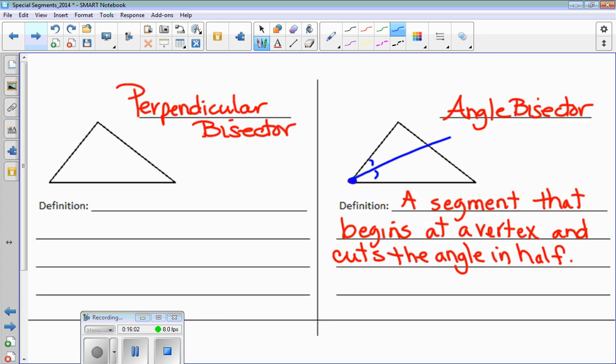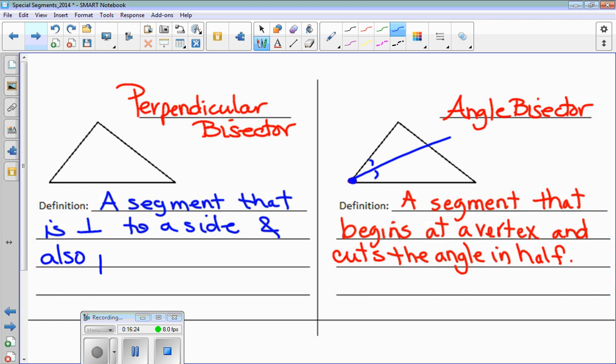The perpendicular bisector is a little odd one, so I kind of created my own definition. I said it was a segment that is perpendicular to a side, creates a right angle with one of the sides, and also passes through the midpoint of the same side.